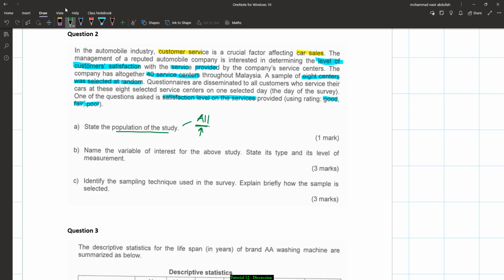So all customers who service their car at service centers. Not 8 service centers, and not selected either, just service centers. We have 40 service centers throughout Malaysia.